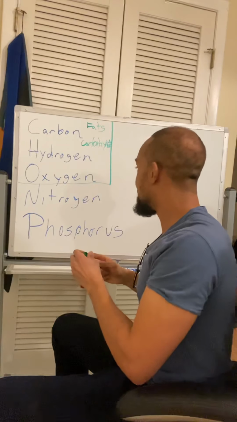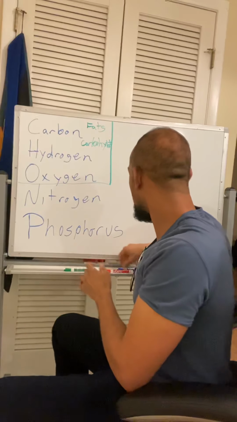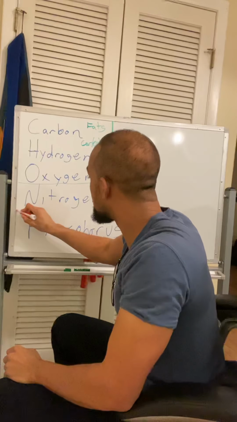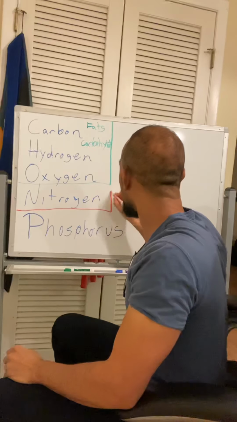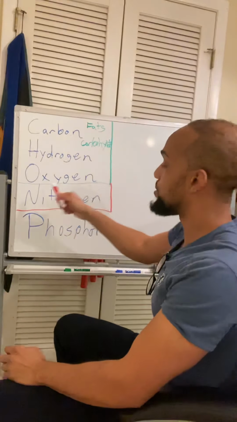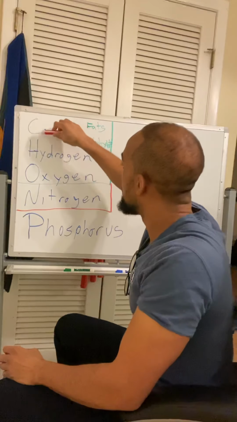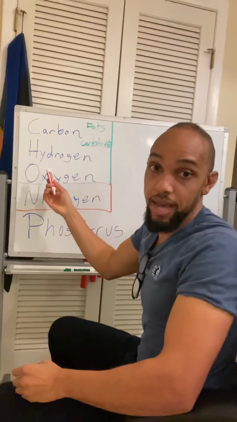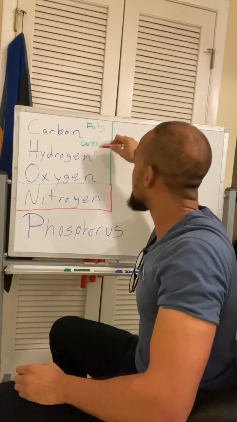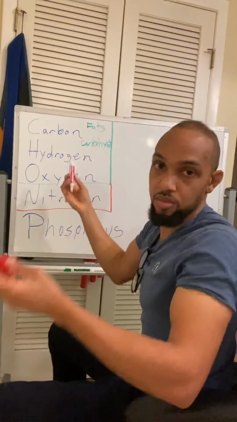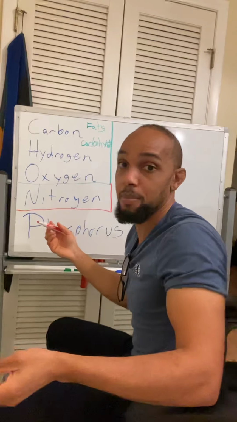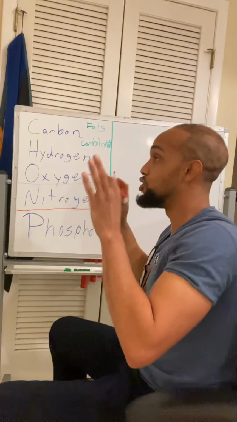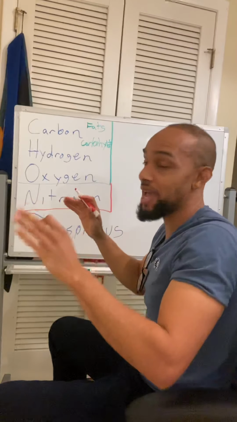All right, here's where things get even cooler. Oh, and by the way, side note, before I get into nitrogen: when you combine all of these elements together, they make compounds. So fats and carbohydrates, in essence, are just types of compounds made of a combination of these elements. And again, do not confuse this fact.